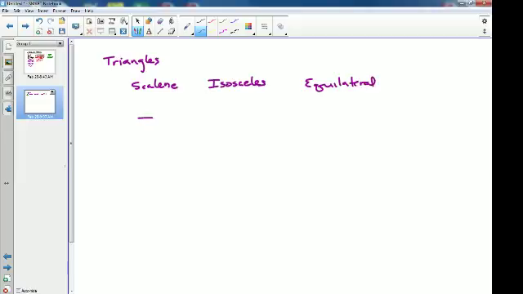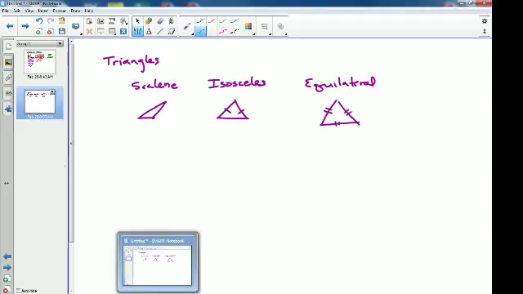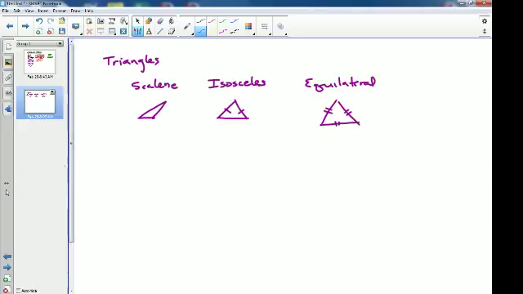A scalene triangle would be 3 different side lengths, isosceles would have 2 the same, and equilateral would be all 3 the same. If I had a triangle on the coordinate plane, how could I prove that it's equilateral?